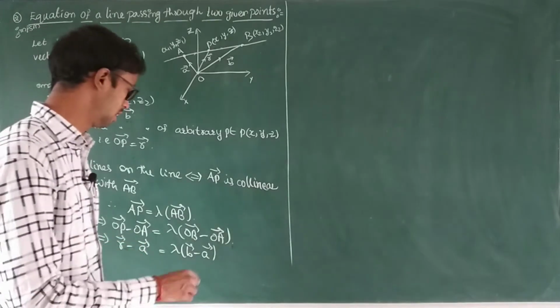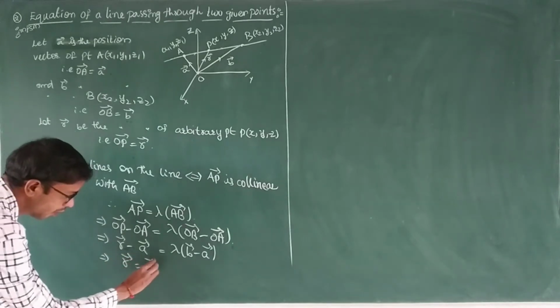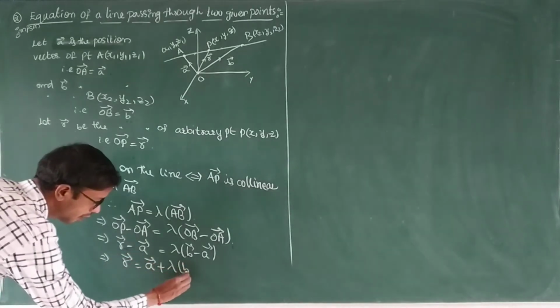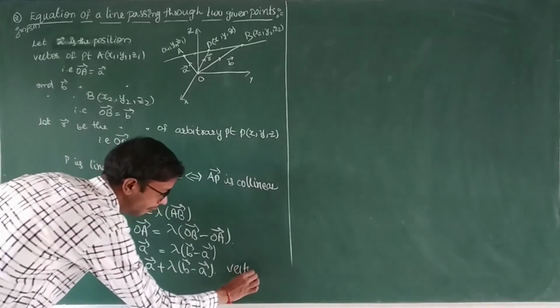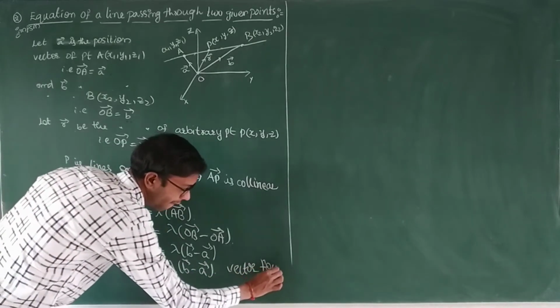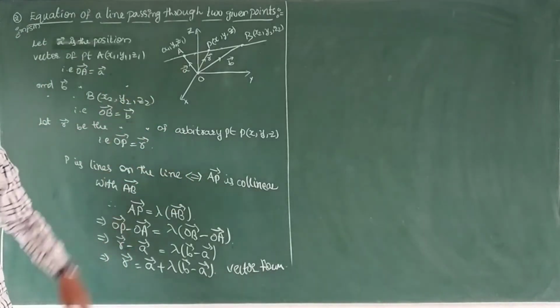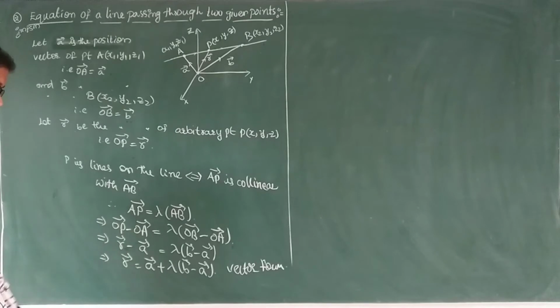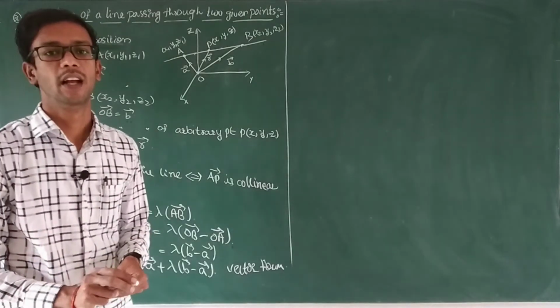This implies R bar is equal to A bar plus lambda into B bar minus A bar. This is the vector form of a line passing through two points: R bar equals A bar plus lambda into B bar minus A bar.